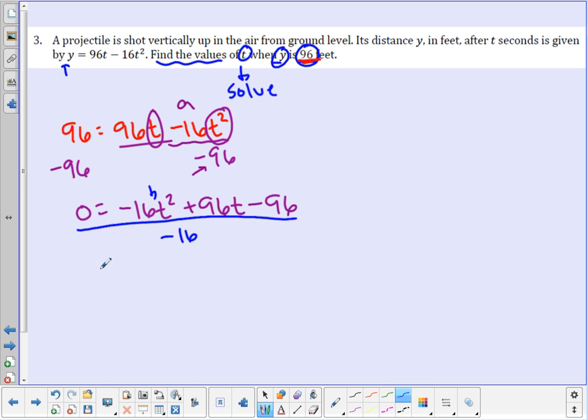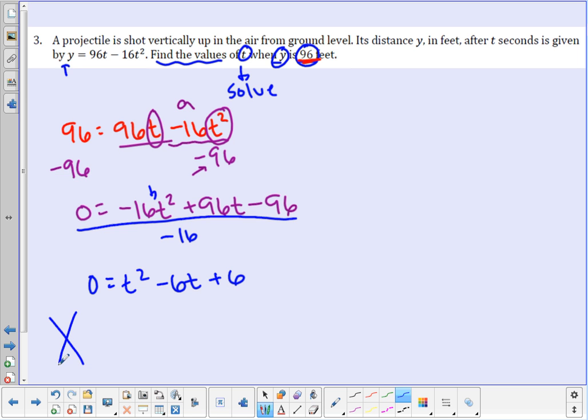Well, 0 divided by negative 16 was 0. Negative 16 divided by negative 16 is that 1 that I was looking for. Then 96 divided by negative 16 was negative 6. And then 96 divided by negative 16 is going to be positive 6. Negative divided by negative gives me positive. So this is the equation that I then got after I did that.